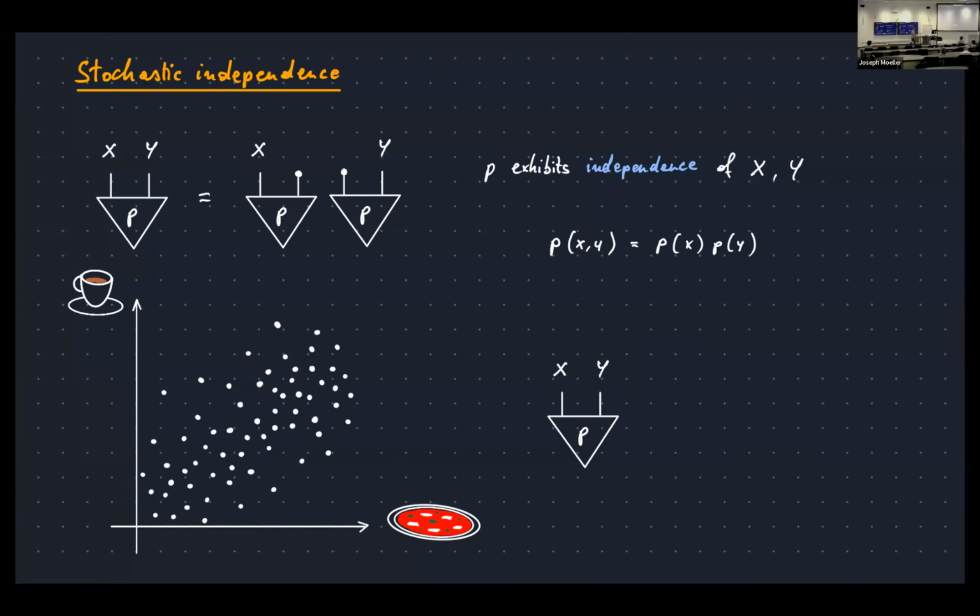Suppose, however, that your data come from this data set. This part of the data are people from Italy, like me, remember I'm here. And Italians tend to have a lot of pizza and a lot of espresso, but you see there's no correlation. It's basically a circle. So once you know you're Italian, you know you'll have a lot of pizza and a lot of espresso, but it's not that the more pizzas you eat, the more espressos you eat, okay?